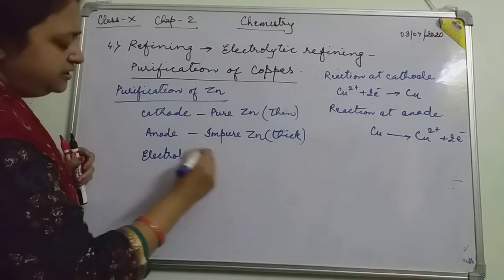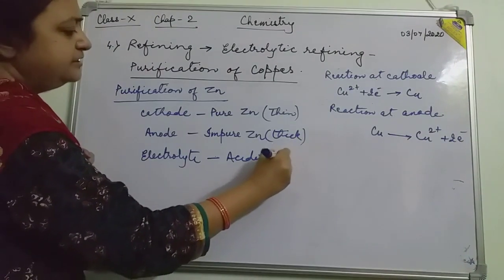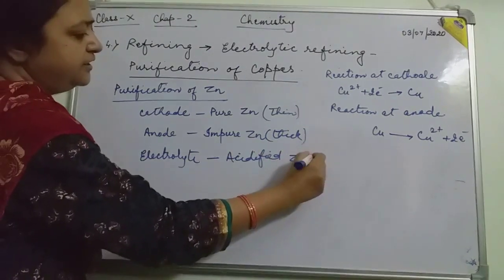Electrolyte for zinc is acidified zinc sulfate.